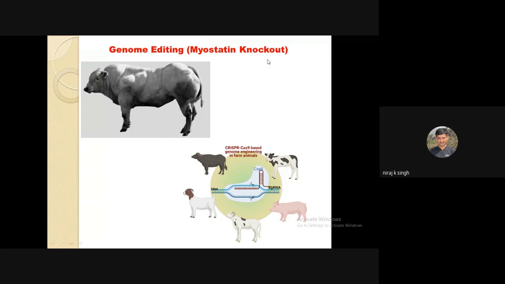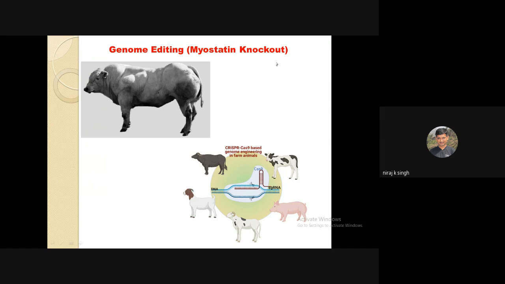Our indigenous cattle like Sahiwal and Gir produce A2 milk. By any means, if we can change one nucleotide, we can get A2 milk from exotic breeds. With the help of this genetic manipulation, people have already done so much work on producing A2 milk from exotic breeds.